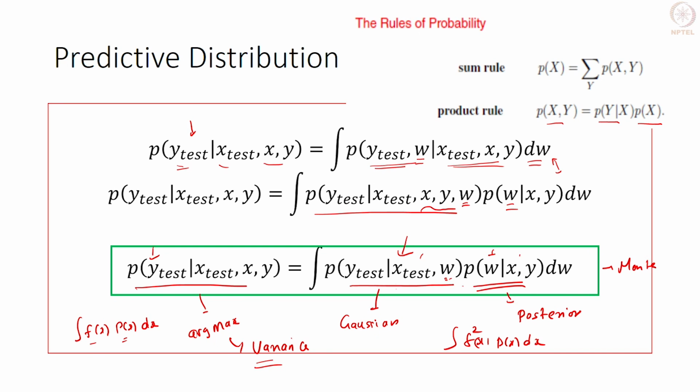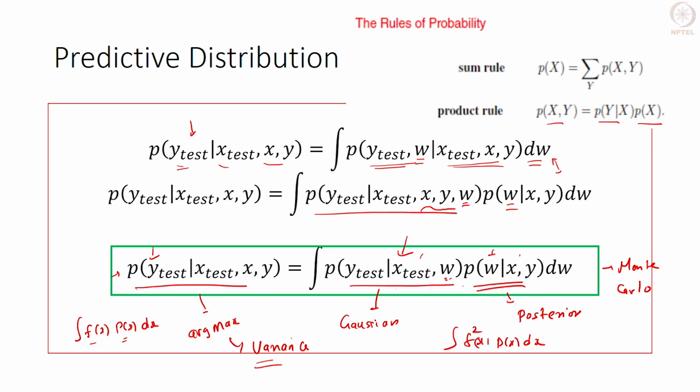So, numerically intensive, but the advantage is once you estimate this distribution, you can do argmax or you can do the mean of the estimate, you can also calculate the variance of your estimate.